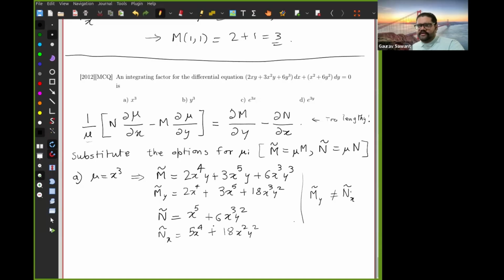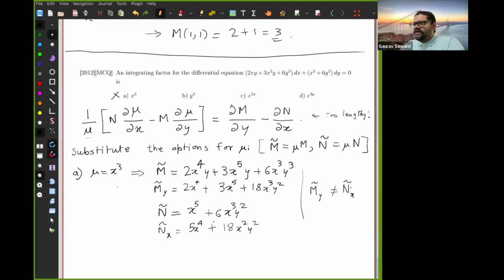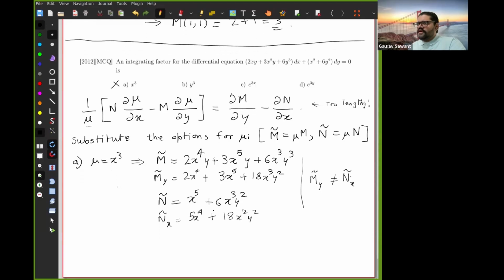Clearly, this is not working. So option A goes away. Let me clear out the reasonings and just write that this doesn't work, because I want to save space.